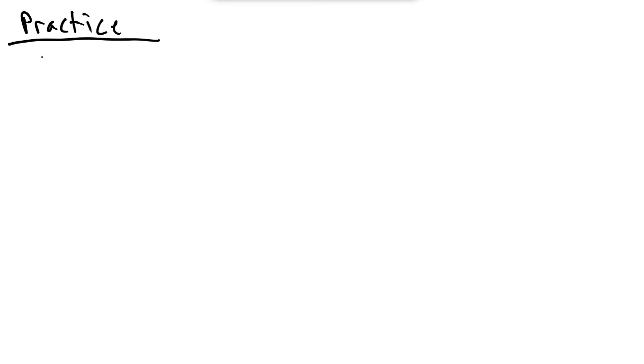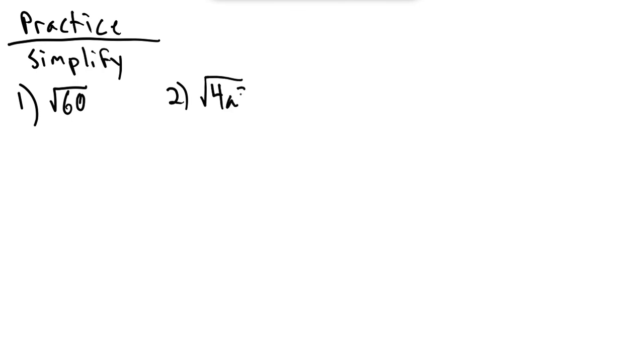I want you to simplify: the square root of 60. Simplify square root of 4a cubed. Simplify square root of 25 divided by 4, and that square root covers both.